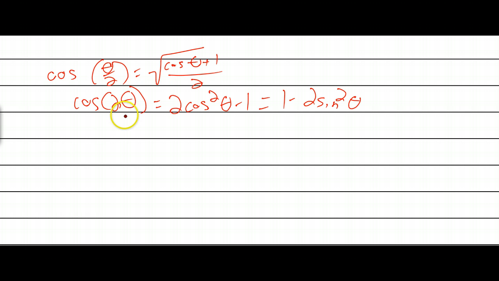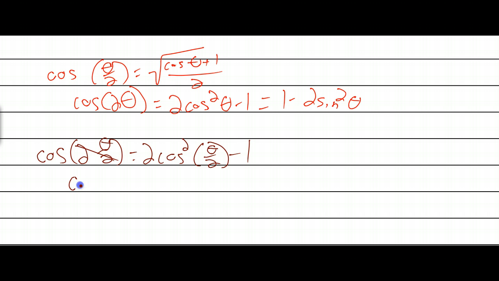Alright, so we're going to do the first one, cosine of theta over 2. So we have cosine of 2 times theta over 2 is equal to 2 cosine squared theta over 2 minus 1.